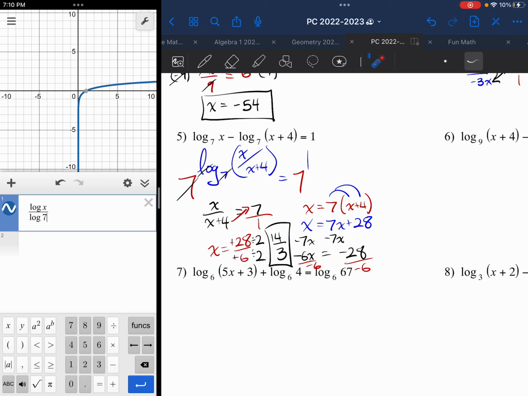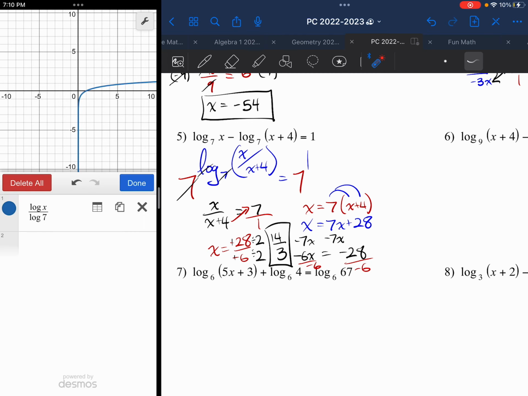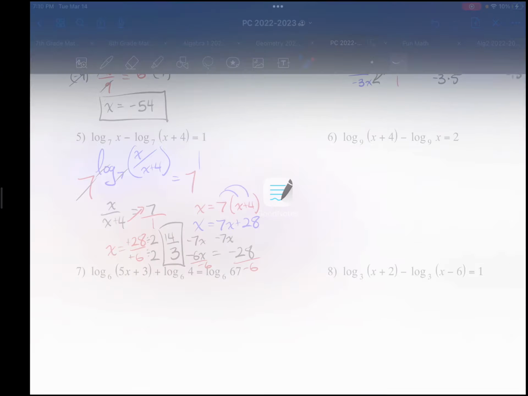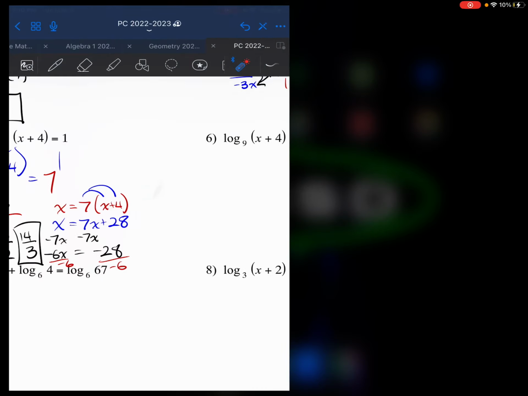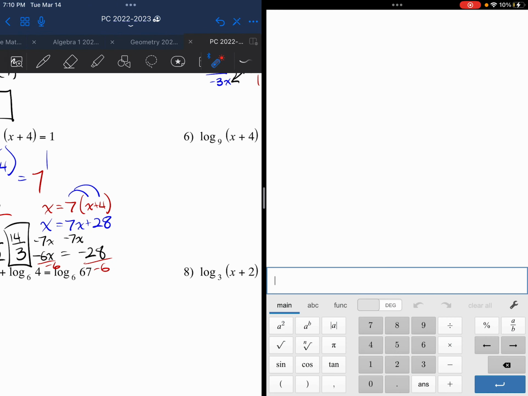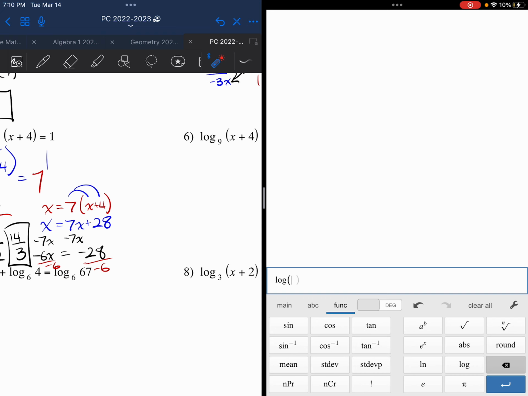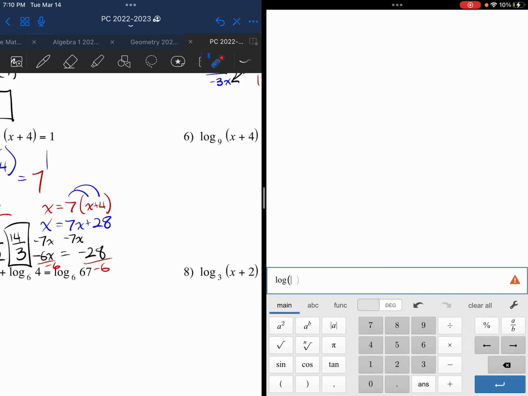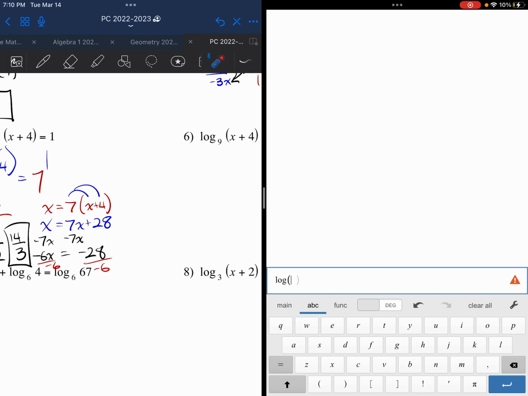Why am I doing it on this graphing calculator, now that I know that it doesn't have base B? Does it have base B? No. Hold on, I'm changing my mind. I want to go to a scientific calculator since it's going to be easier to type, because it actually has a log function. So log base x.